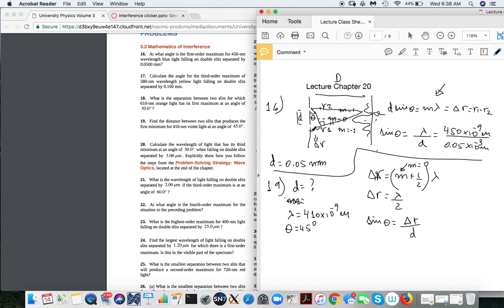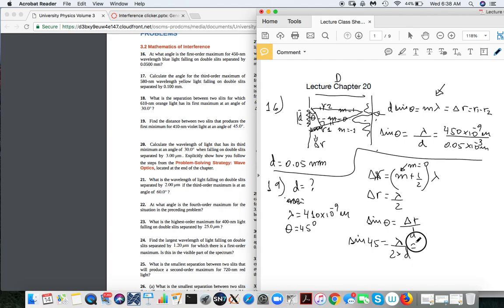So you plug in sine of 45 equals del R, which is lambda over 2, divided by d.